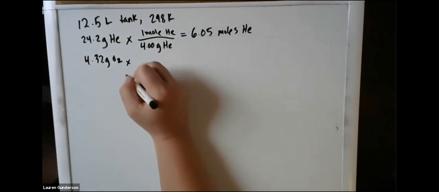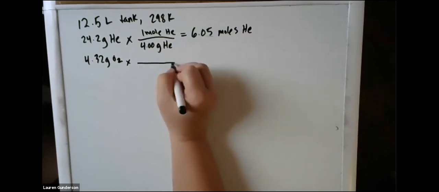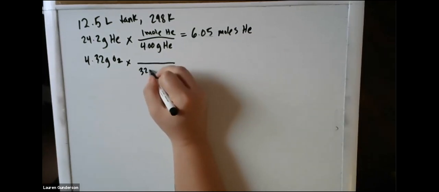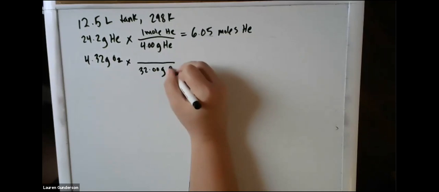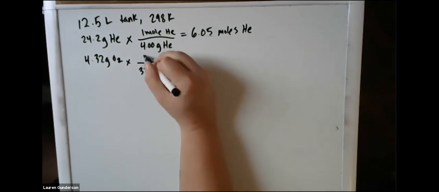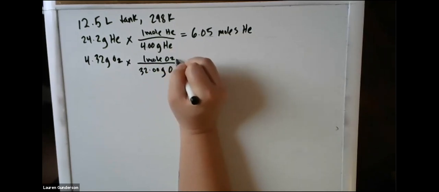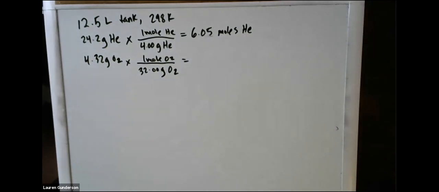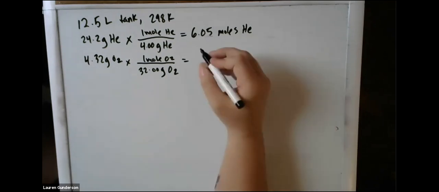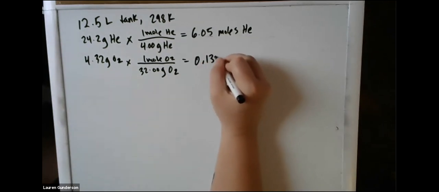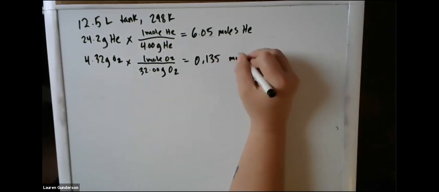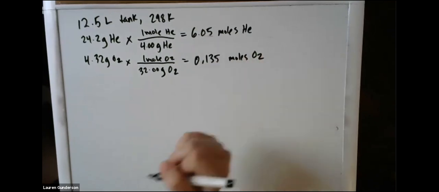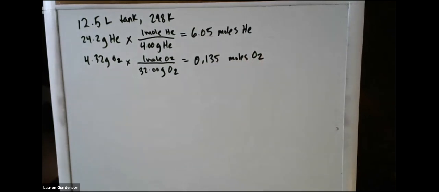And for oxygen gas, which is diatomic, again, make sure that you remind yourself of that, there are 32 grams of oxygen in 1 mole of oxygen. So there's 0.135 moles of O2.